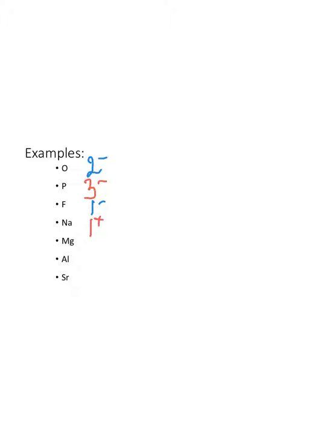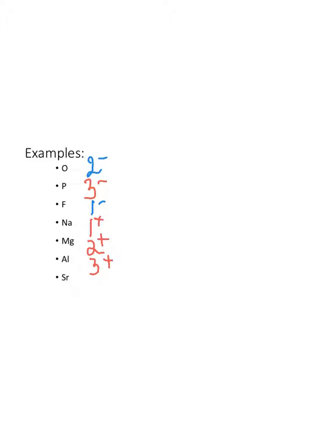Take a step over to the next column, column 2, the alkaline earth metals. These guys lose 2 electrons, so we will have a 2+ charge. Aluminum is in group 3A, so it's going to lose 3 electrons to take on a 3+ charge. And then strontium.